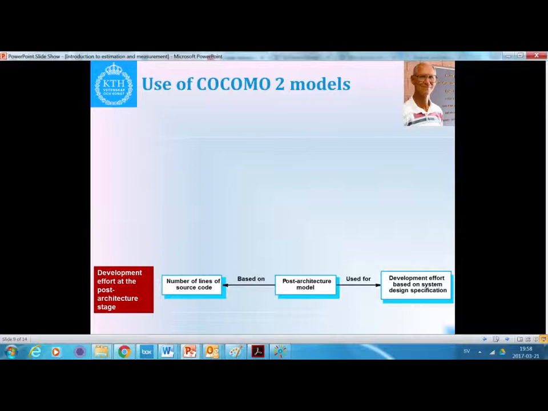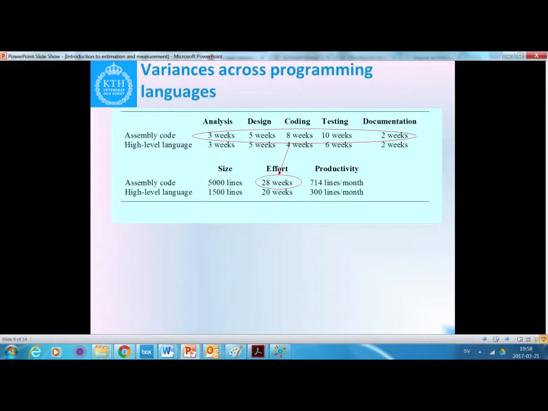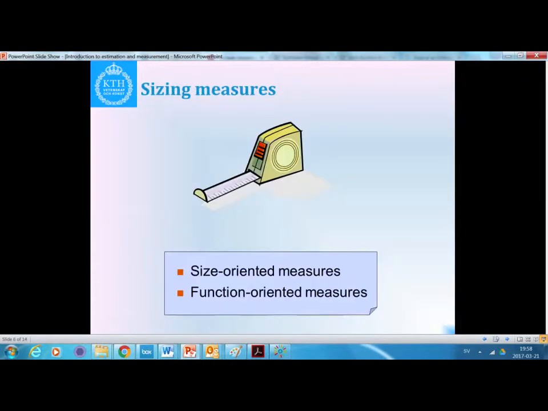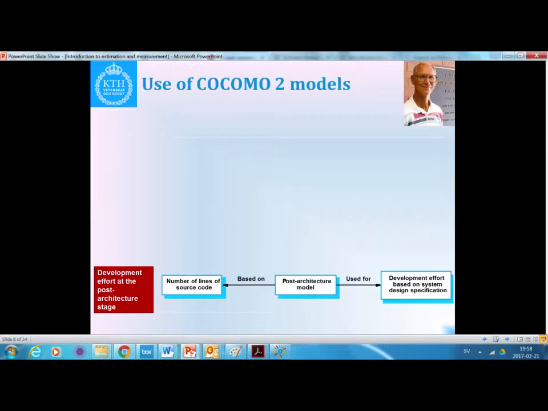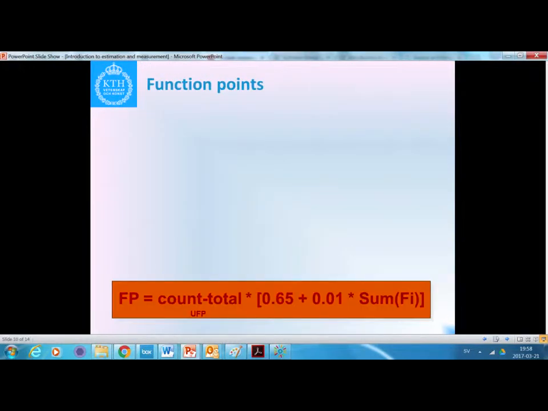There is another type of estimate, which is called function-oriented measures, and these ones are a little bit different. What you do is you do not measure the size of the system by looking at the number of lines, the physical size in this case, but you look at the bigness of the functionality, some kind of logical size of the functionality, and this is called function points.